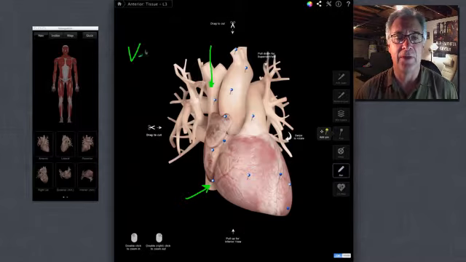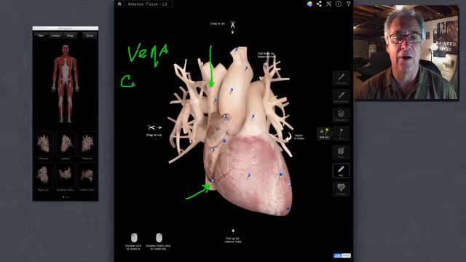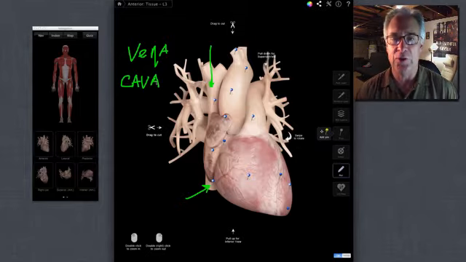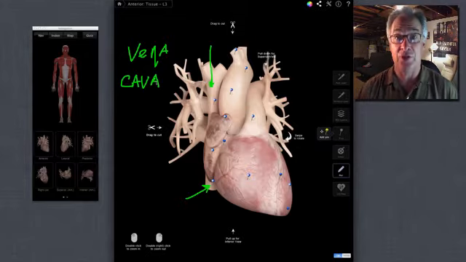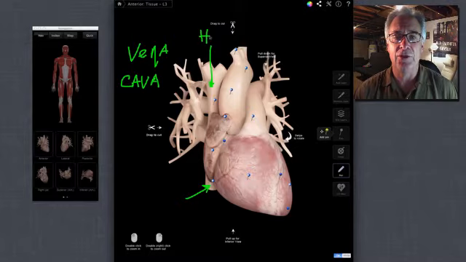I'll just put vena cava, or cava as some people call it. The blood from the head has used up its oxygen, so it's oxygen poor, and that oxygen poor blood from the head is going to drain into the superior vena cava.